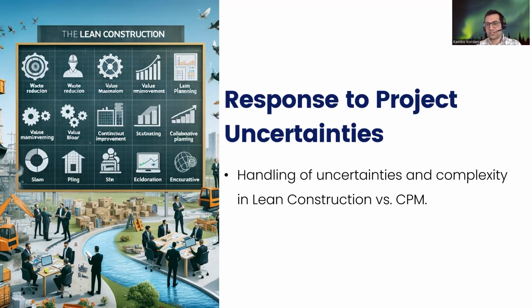Conversely, the critical path method's linear approach to project planning, through rigidly mapping out the project schedule, can be cumbersome when dealing with complexities and uncertainties that are really frequent, especially in developing countries.